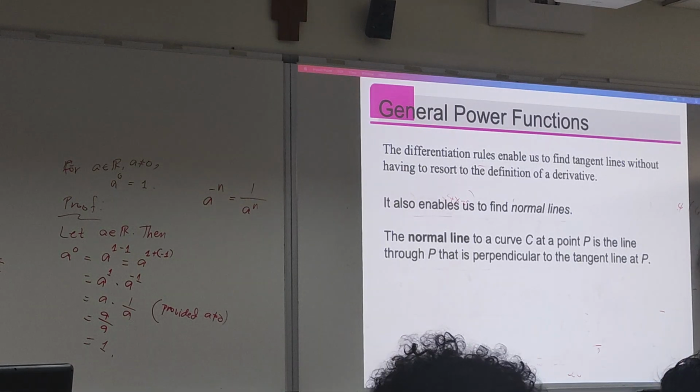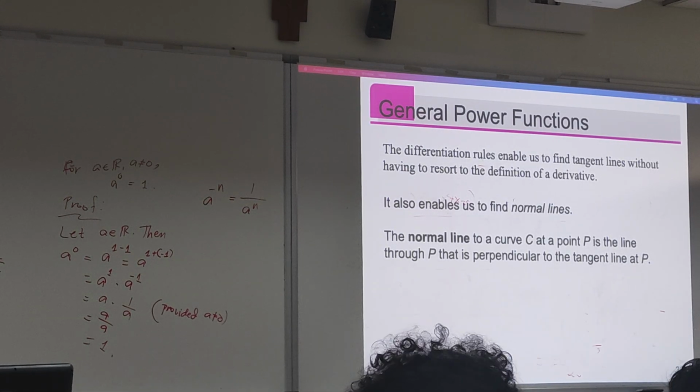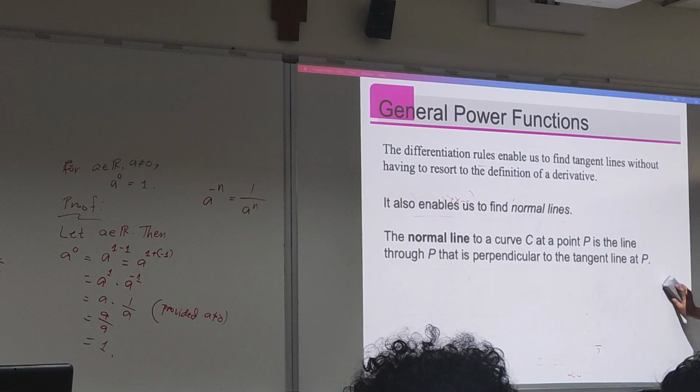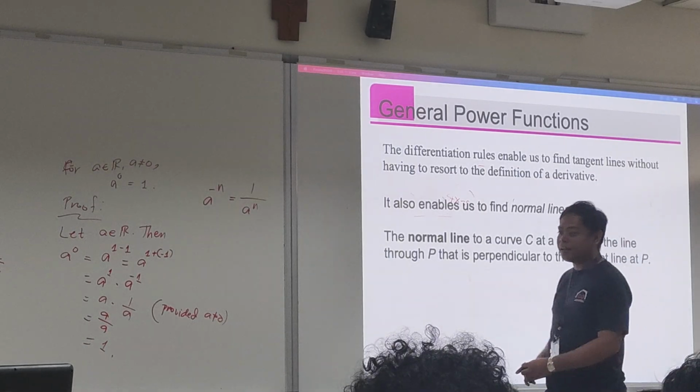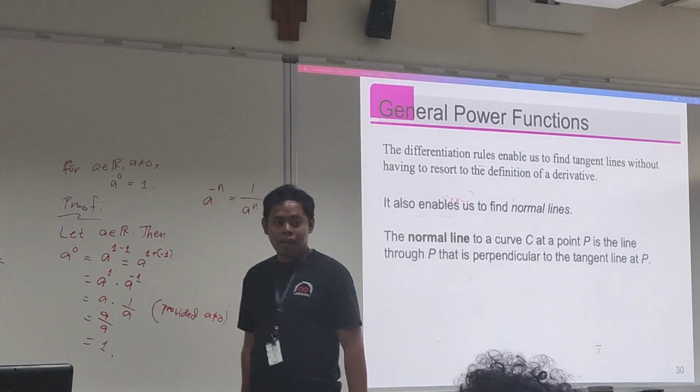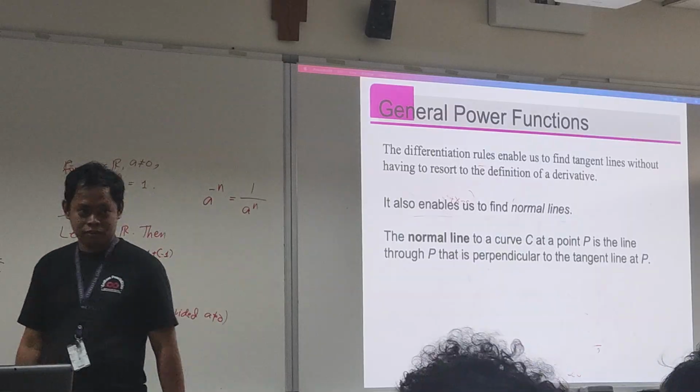Meaning the slope of the first is equal to the slope of the second, but negative reciprocal.